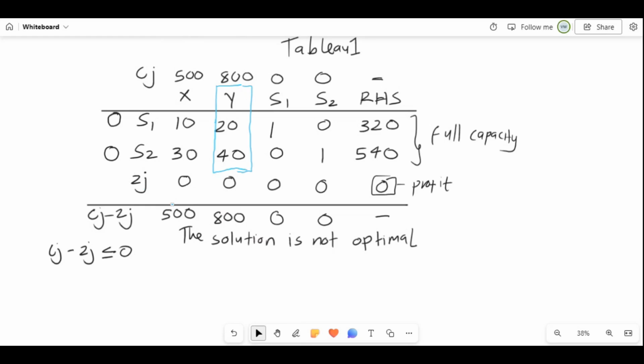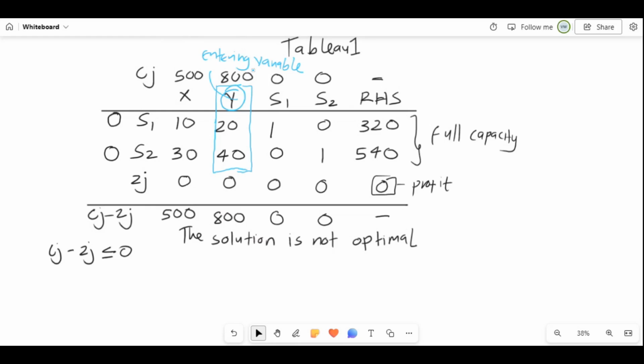Now that I've identified the pivot column, another thing to note is that because this pivot column has variable y, y is the entering variable. When I say entering variable, this is the variable that we'll use to swap with a variable in the pivot row as we move to tableau 2.